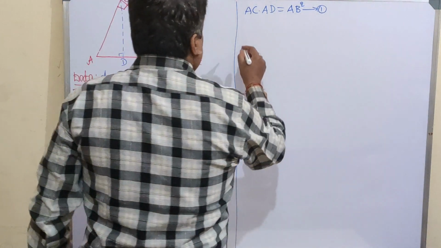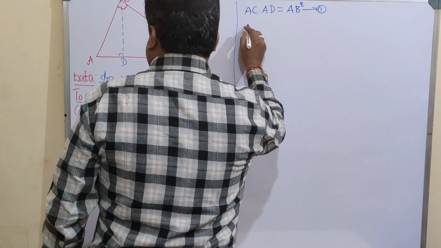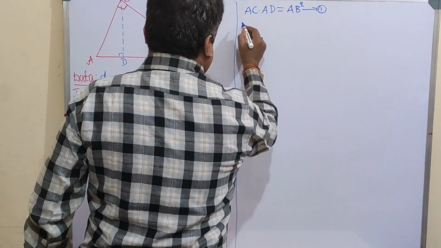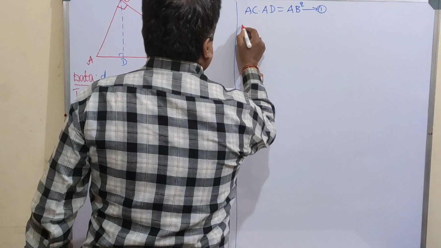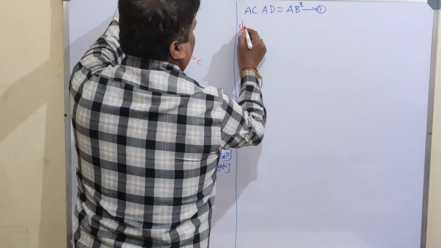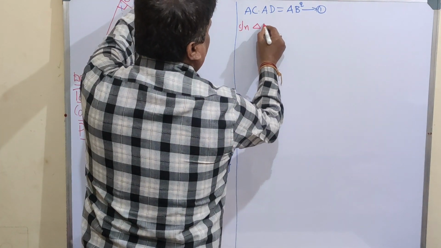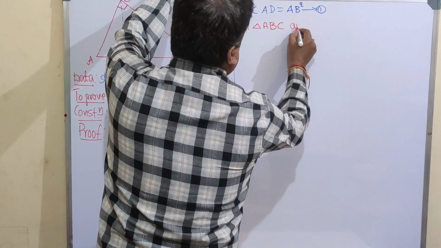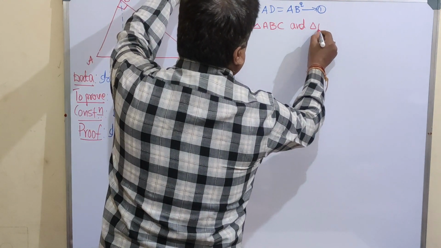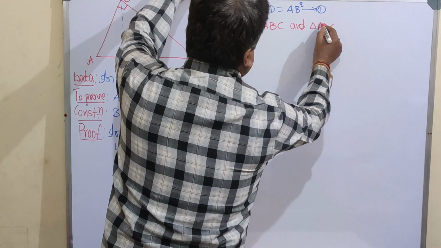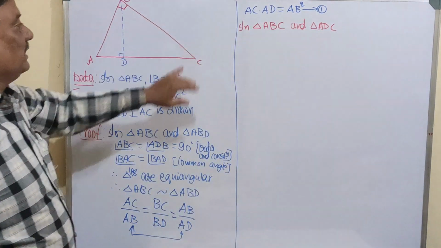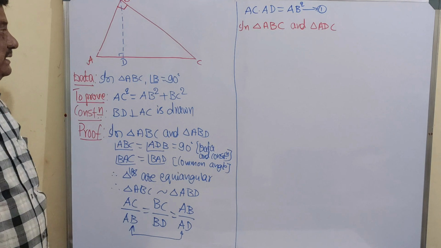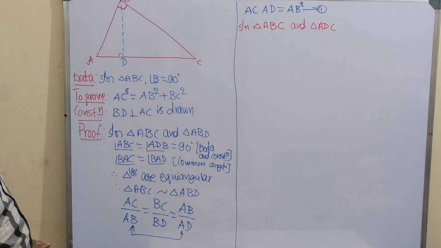Similarly, in triangle ABC and triangle ADC, now we are comparing these two triangles.